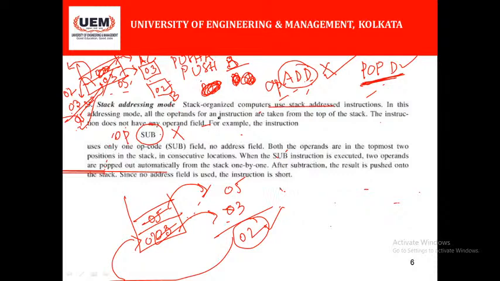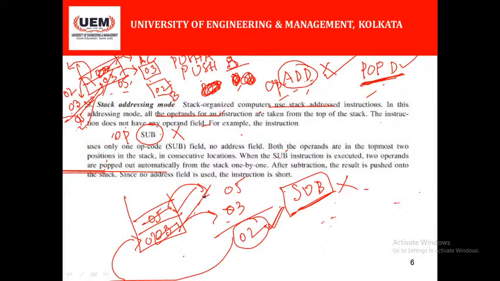We need to understand that. So this is a zero address instruction. This sub is basically a zero address instruction here. It does not have any address field. So both the operands are the topmost two positions of the stack. Look at that. 05 is the topmost position and 03 is the top minus 1 position. The topmost two positions will be popped.